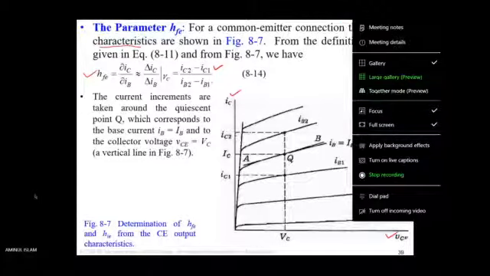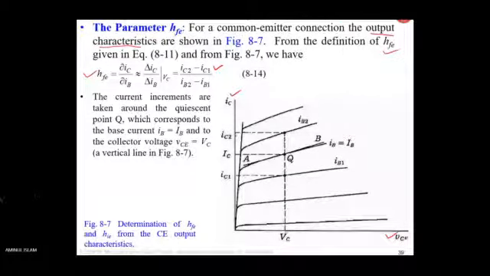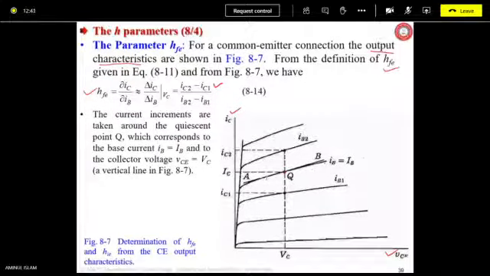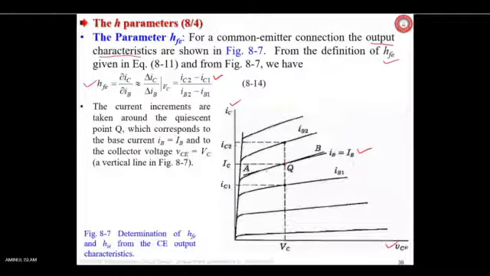IC2 minus IC1. Say you are deciding the Q point corresponding to a VC, collector voltage, and this Q point is for small ib equal to capital IB. So corresponding to this, you get a Q point, and about this you are going to vary the IB. If you vary the IB, you will get different IC, IC2 and IC1.